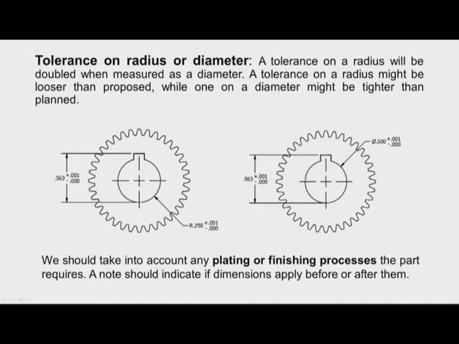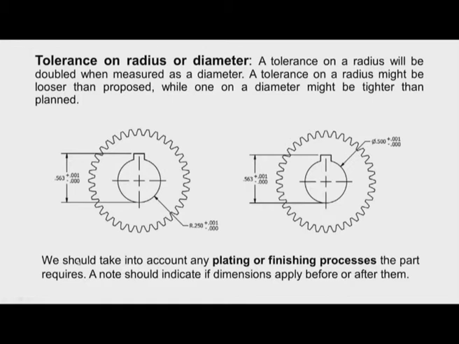In this diagram the tolerance is provided on the diameter, that is 500 plus 0.001 mm, and the lower limit is 500 mm. So depending upon whether it is placed on radius or diameter, the diameter will vary. A tolerance on a radius might be looser than proposed, while the tolerance on the diameter might be tighter than planned. This should be considered carefully.